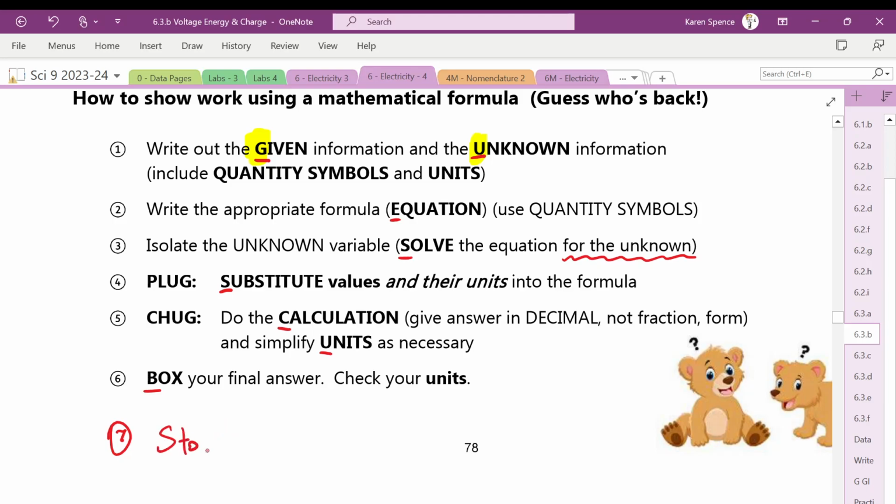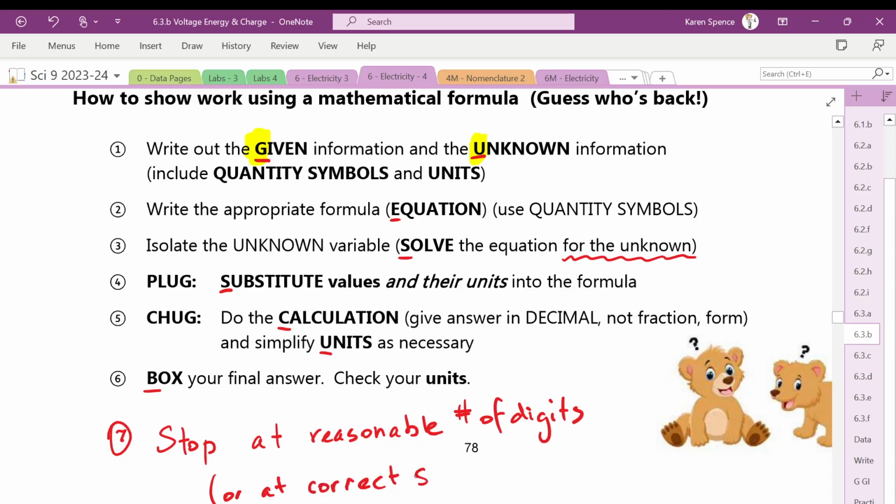We're going to stop at a reasonable number of digits or sig figs. And if any of you are doing sig figs, you also want to make sure that if you can, you are rounding correctly.